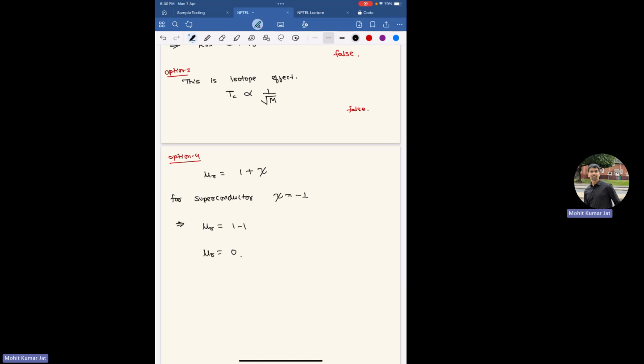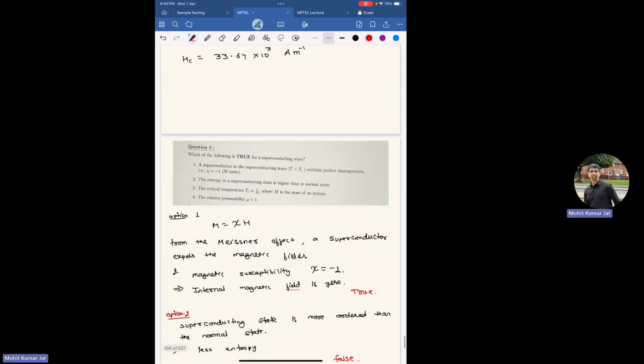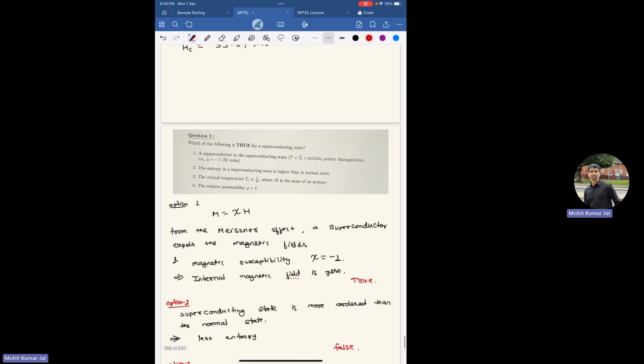So the permeability of a superconductor is 0. So this statement that mu r is equals to 1 also becomes false. So the correct option here is option 1.